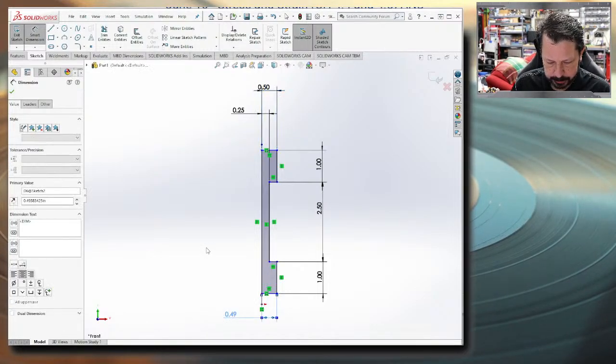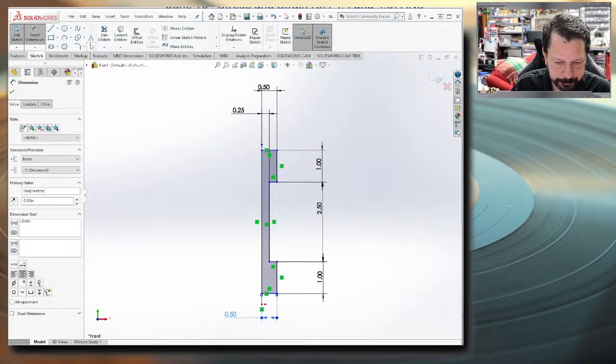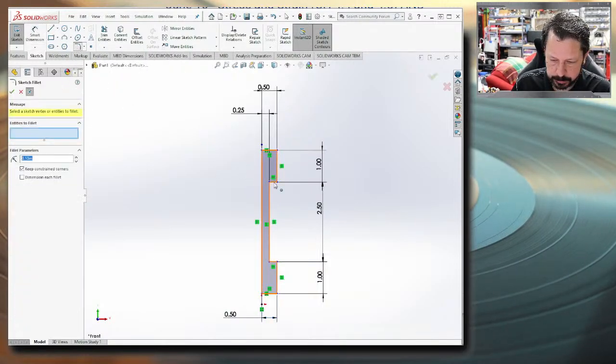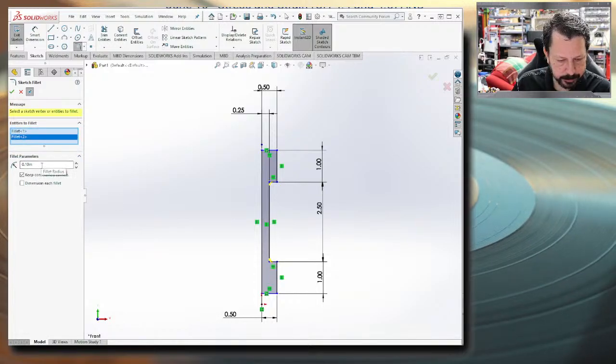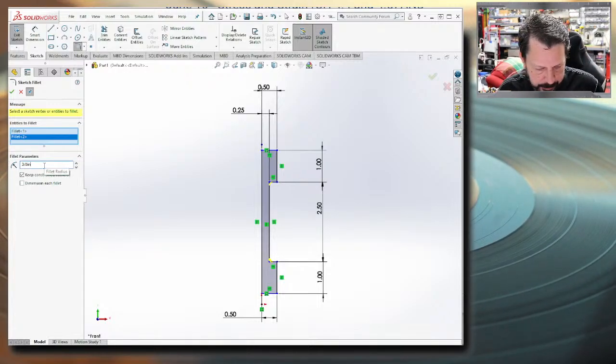And one other thing we need to do is we need a fillet on this corner and on this corner, and that fillet has a radius of 3/8 of an inch. Except it doesn't want to let me do a 3/8 inch radius. What if we do 1/4?